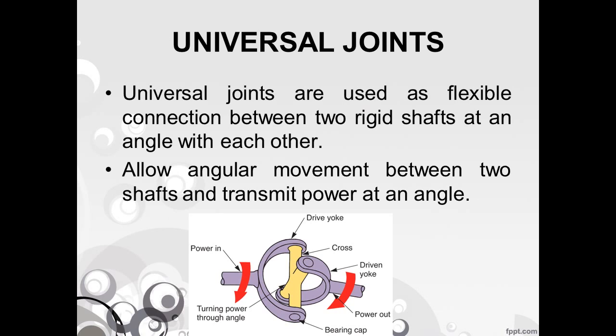In an automobile, universal joints are used not only to permit power transmission from horizontal transmission output shaft to the propeller shaft, which is at an angle to the horizontal position, but also allow the change of this angle due to the movement of rear axle up and down on surface irregularities. Without this device, power transmission under this condition would be impossible.